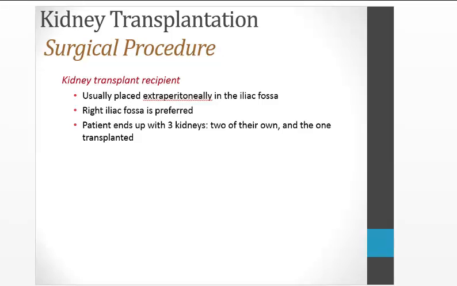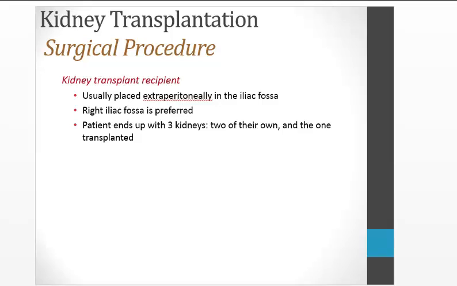The kidney transplantation surgical procedure, you can read about this in your Lewis book. I'm just very briefly going over this because many students and even nurses don't realize this. When a patient gets a kidney transplant, it is usually placed extraperitoneally in the iliac fossa. The right iliac fossa is preferred.